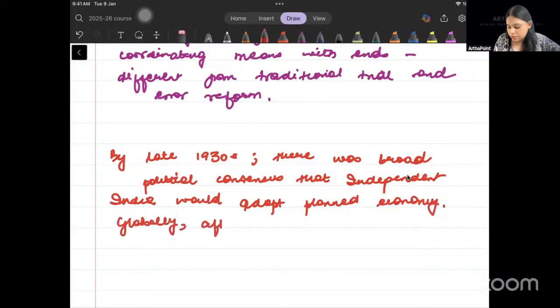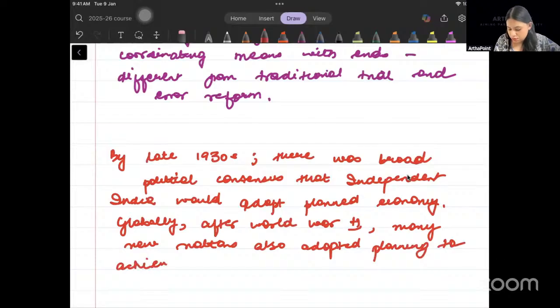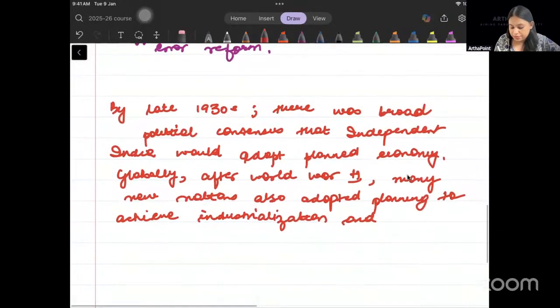Globally, after World War II, many new nations also adopted planning to achieve industrialization and sustainable development.